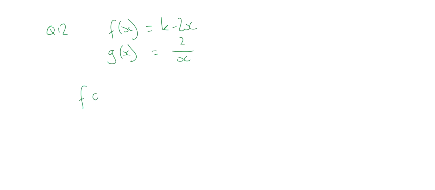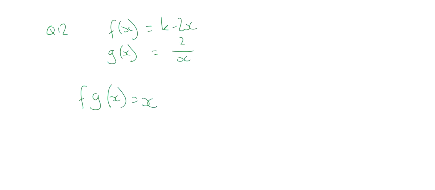All right, question 12 says that f of x equals k minus 2x and g of x equals 2 over x. And I am being asked to find, let me turn the page and see. I am being asked to find the value of k for which fg of x equals x.